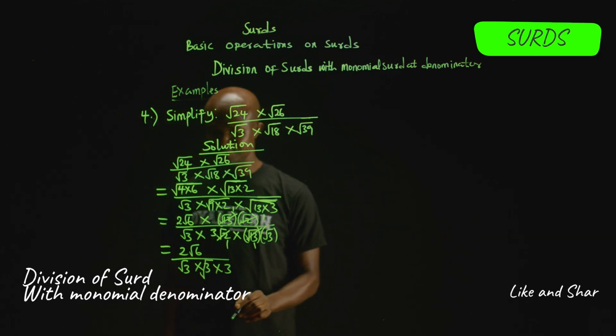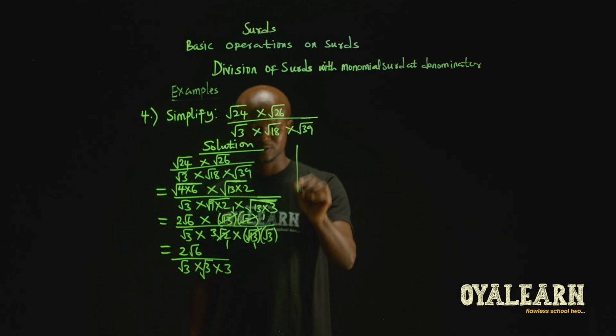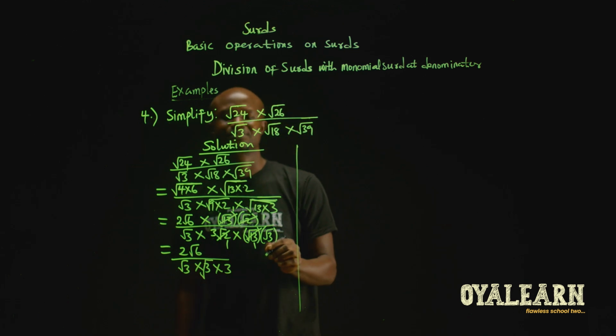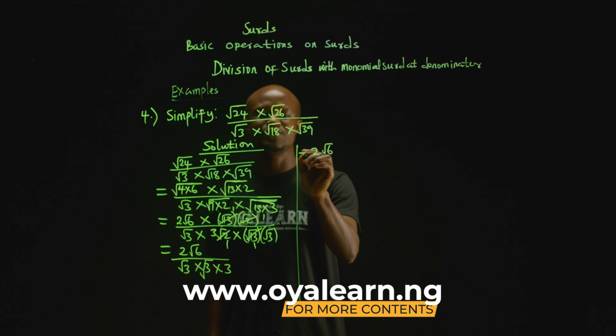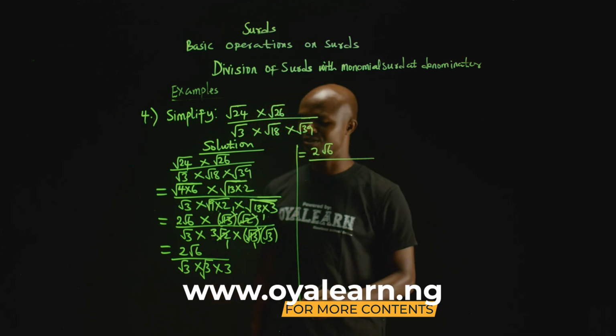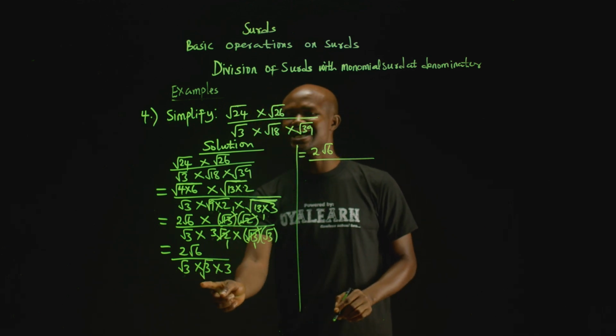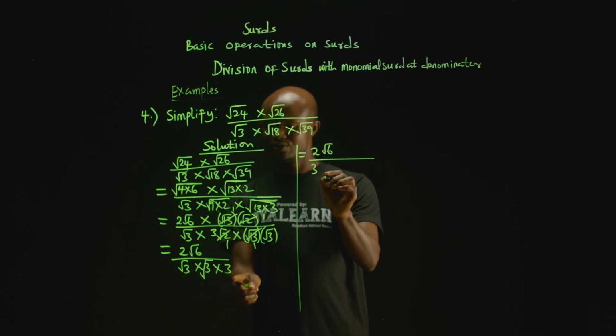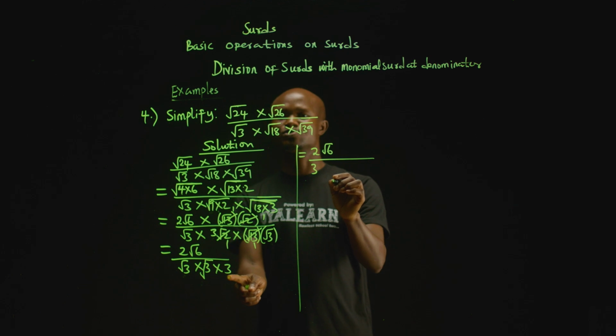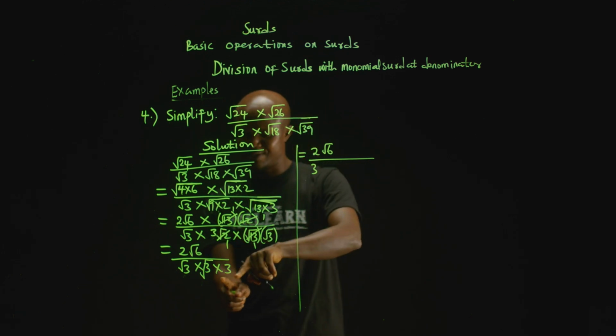So simplifying further, we are going to have 2 root 6 at the numerator, divided by what? Now, root 3 times root 3 is what? That is 3. And here we also have 3. This is just 3 because this is 3 at the middle.